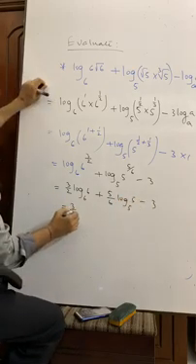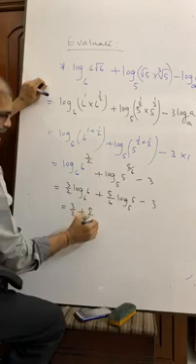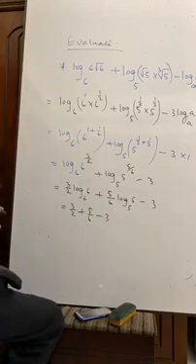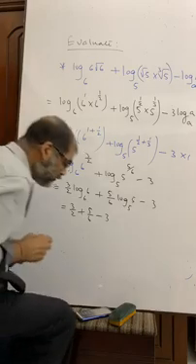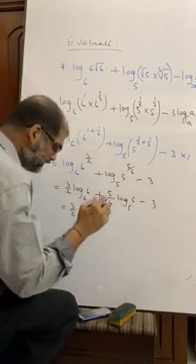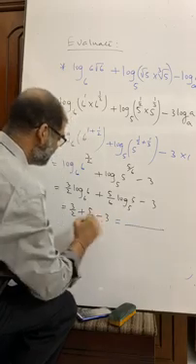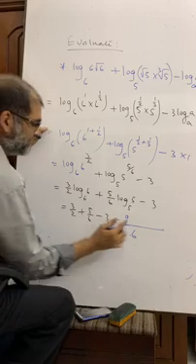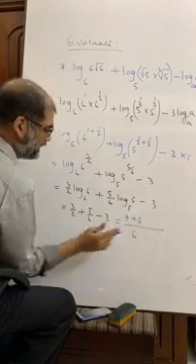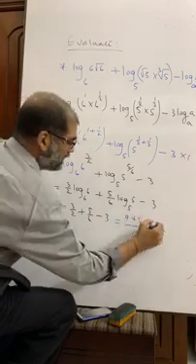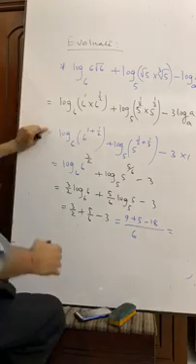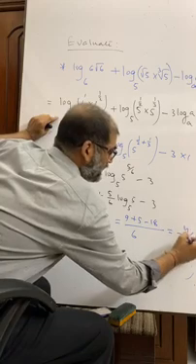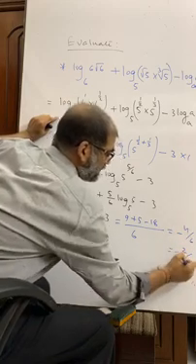So it is 3 by 2, it is 5 by 6 minus 3. Now use the calculator to get the result. So LCM is 6, 3 into 3 is 9, 5 by 6, minus 18. That means minus 4 by 6, that is minus 2 by 3.